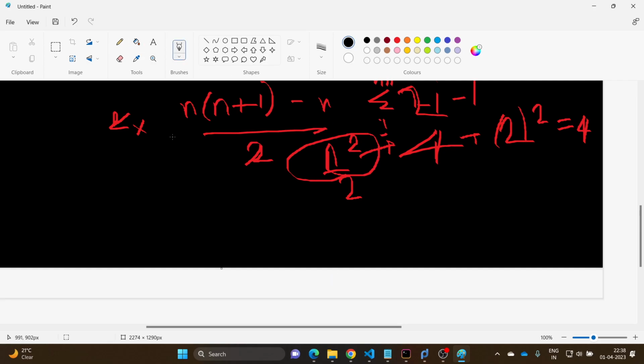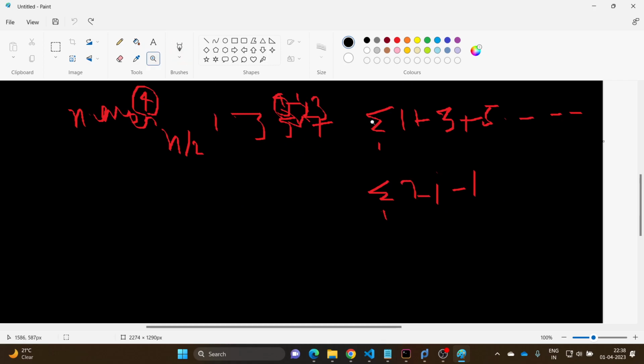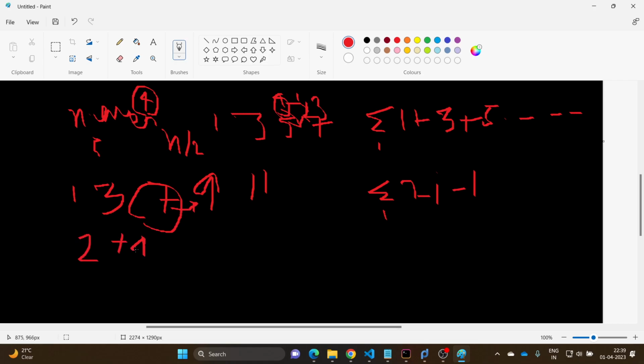If the elements are odd, let me erase this first. It would be something like 1, 3, let's say n is 5, 7, 9, and 11. Then I would make all of the elements equal to 7 in this case, and the differences between the adjacent elements would be of the form 2 plus 4 plus 6 and so on.